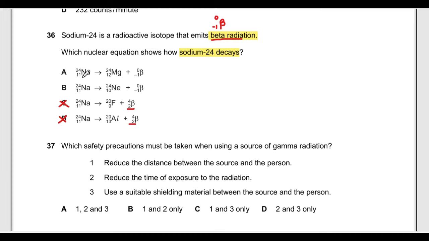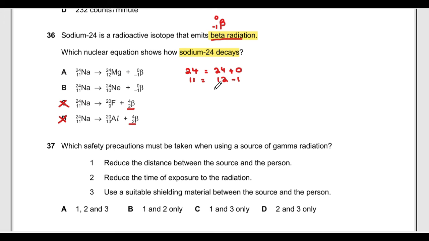So for option A, the mass number of sodium is 24, and on the other side we have 24 plus 0. That is correct because the equation is balanced. For atomic number, on this side we have 11, and on the other side we have 12 and -1.